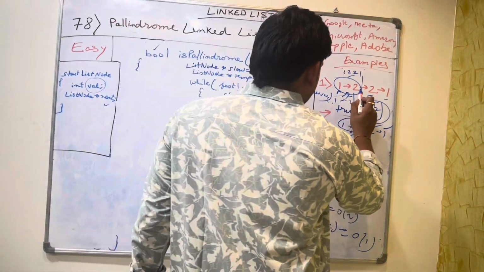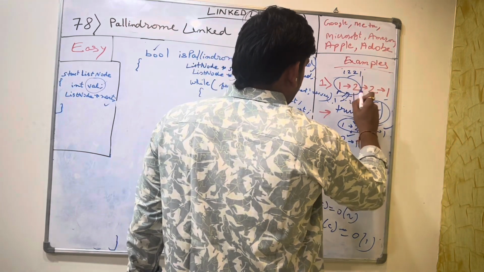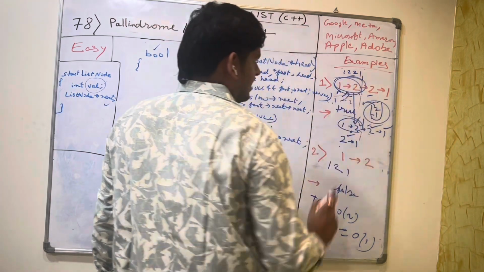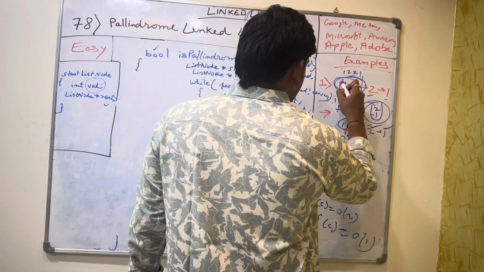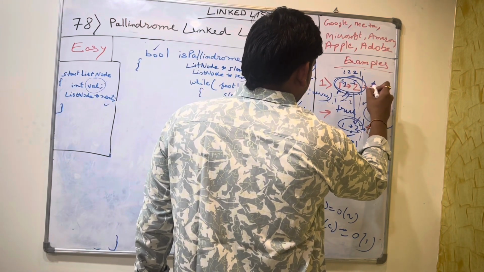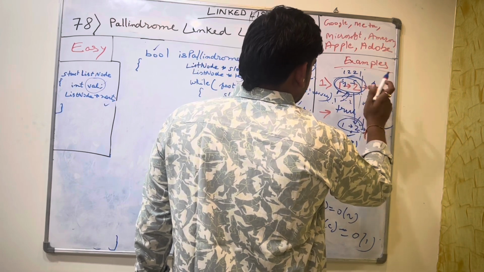So here in this case, when there are 4 elements, 1, 2, 2, 1, we need to reverse this much. So here if it is slow and it is fast, then slow moves here, fast moves here. In the beginning, slow moves here, fast moves here.